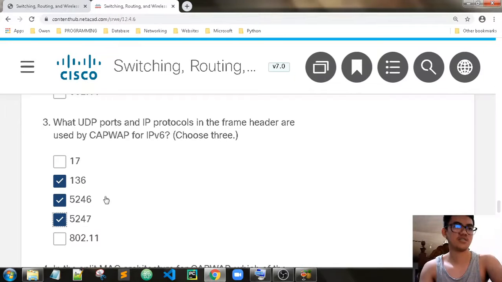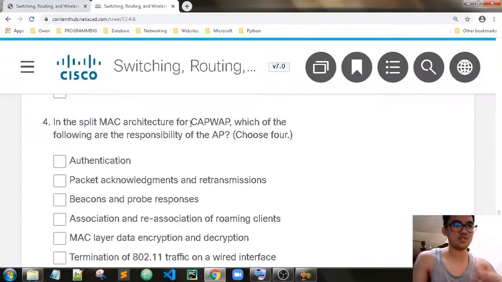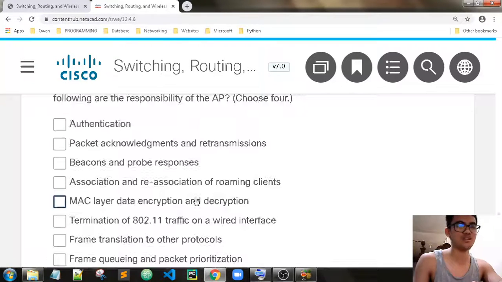In the split MAC architecture for CAPWAP, which of the following are the responsibilities of the AP? The next question is for the WLC.